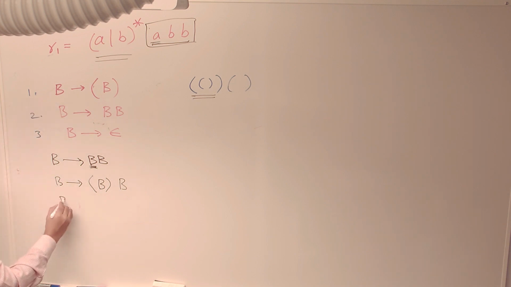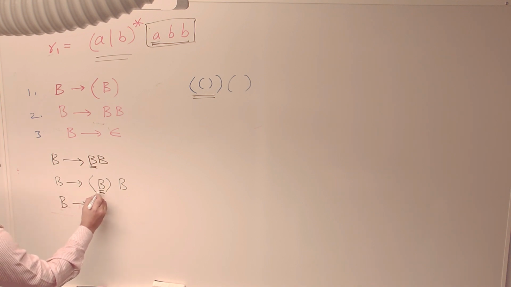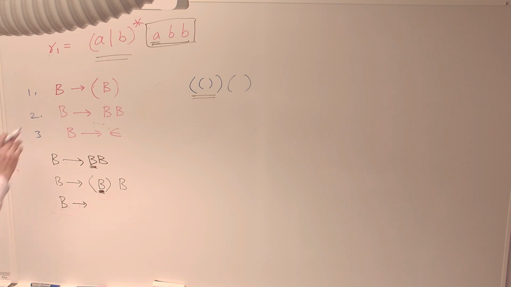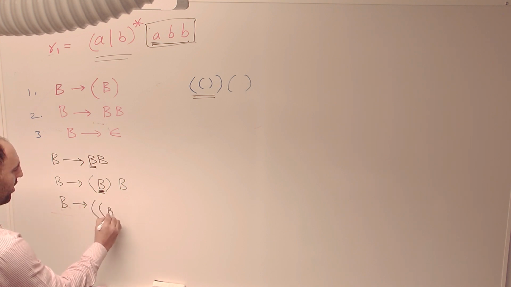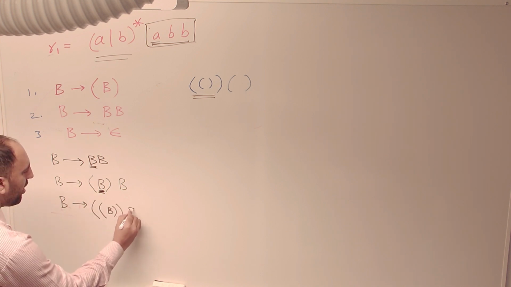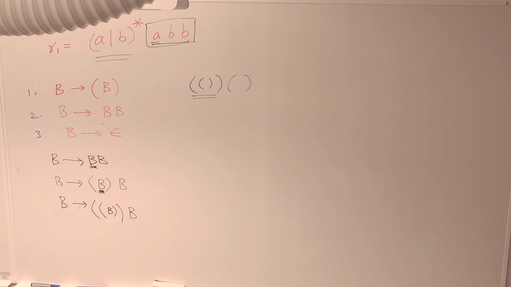Now on the next step, I replace this B again with the rule number 1. And here on the next step, I replace this B with the rule number 3, which is empty string.